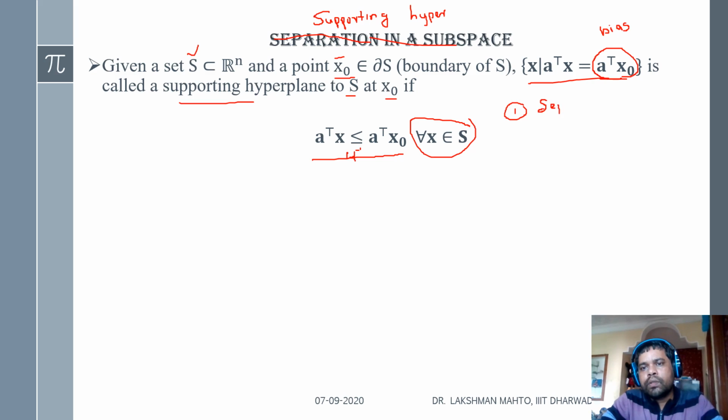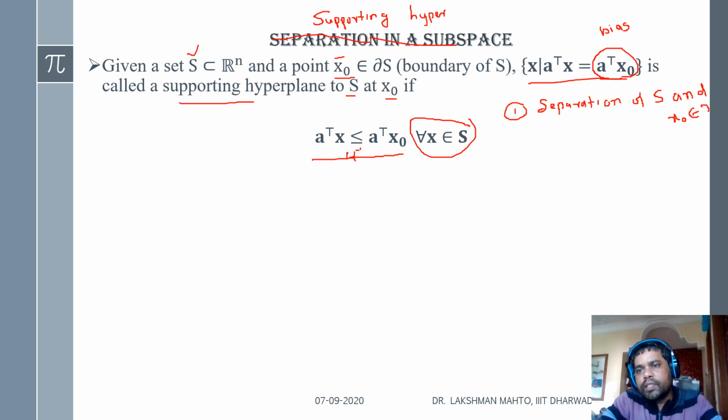It talks about first, a clear separation of the given set S and the boundary point x naught.